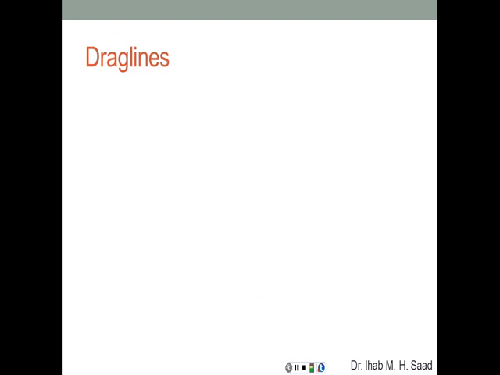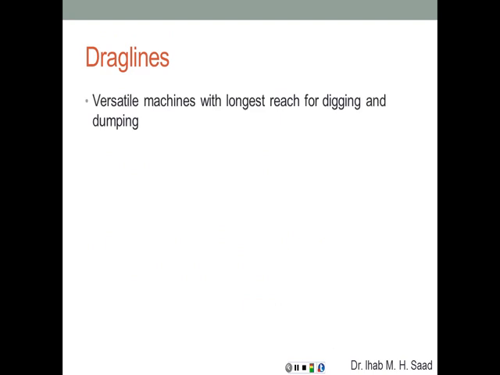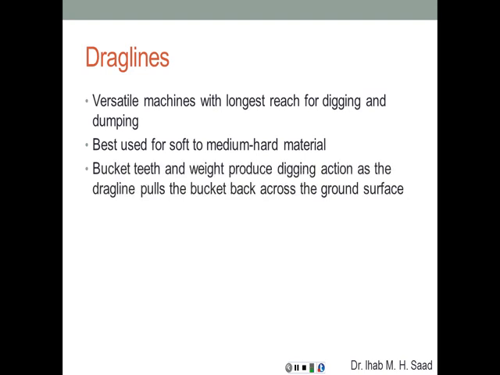Another type of equipment is the draglines. A dragline is a very versatile machine with the longest reach for digging and dumping. It has a longer arm and is best used for soft to medium hard materials, sand, clay, etc. The bucket teeth and weight produce digging action as the dragline pulls the bucket back across the ground surface.